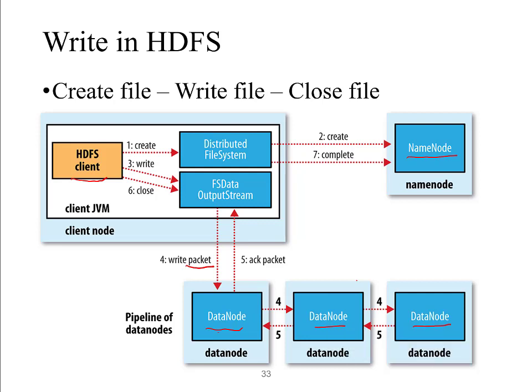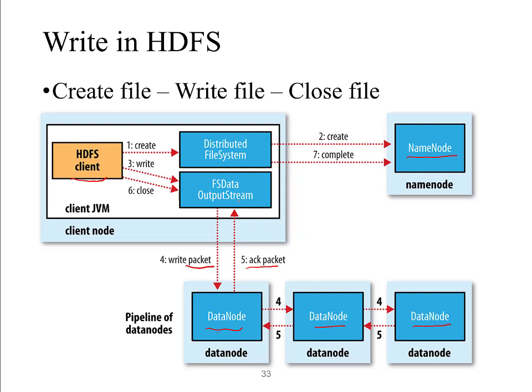And when each data node finishes the writing, it will send an acknowledgment packet back, and this one is also passed through the data nodes, and eventually goes to the FS data output stream. So this is the procedure of writing a file.